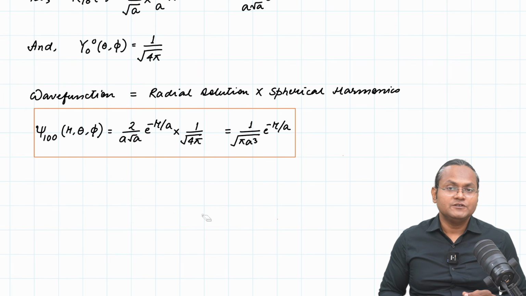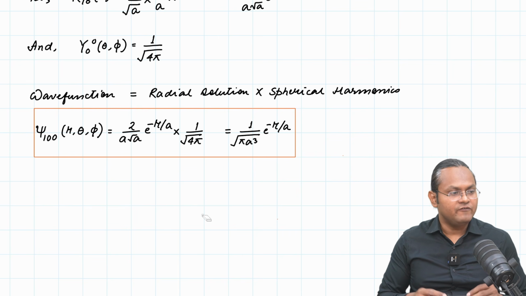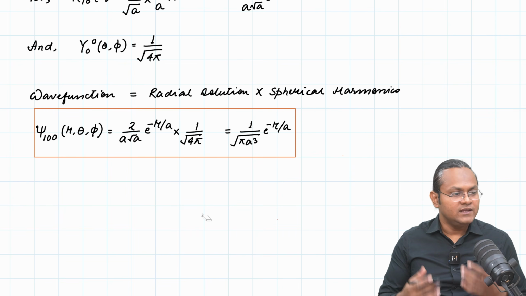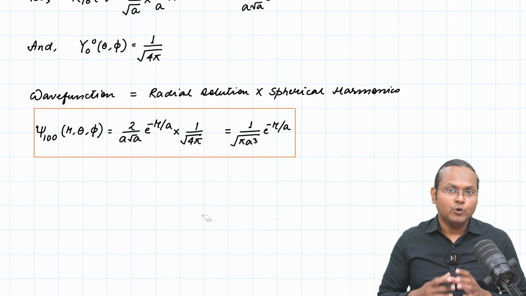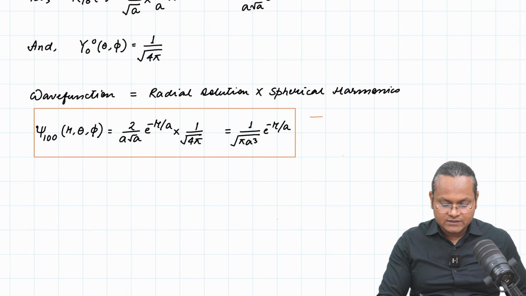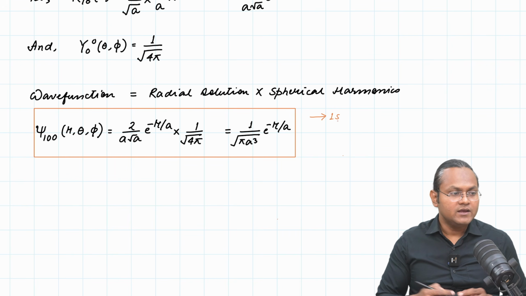There you have it. After so much effort, we have finally obtained the ground state wave function solution for the hydrogen atom in terms of the radial and the angular variables. Of course, the ground state wave function does not depend on theta and phi, which means that it is spherically symmetric, which indeed it actually is. So we call this the 1s orbital: 1 for n equal to 1, s for l equal to 0.